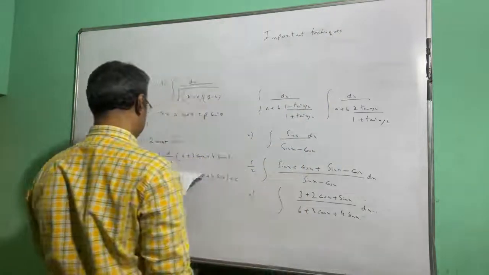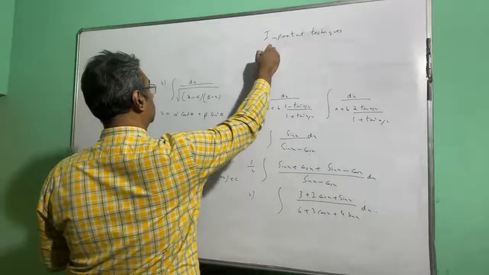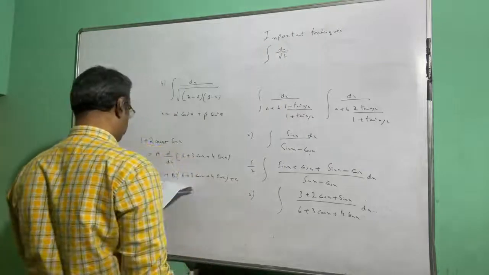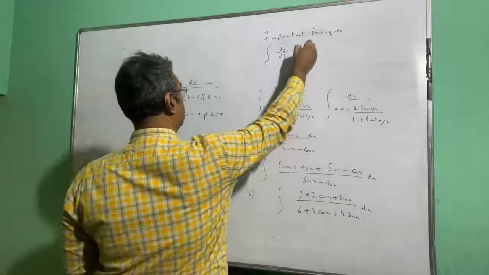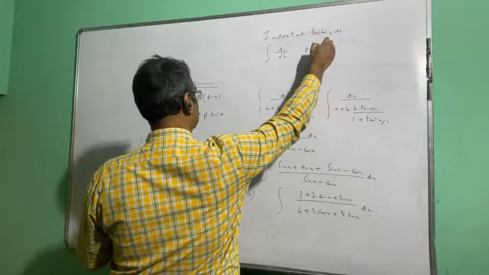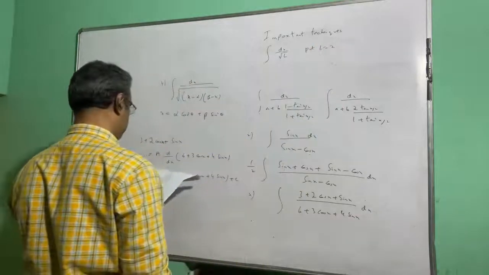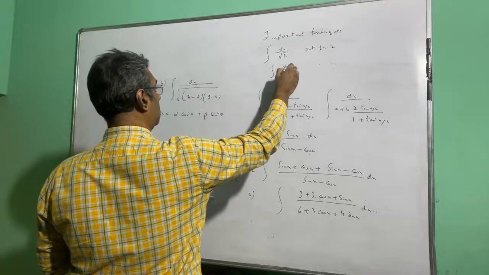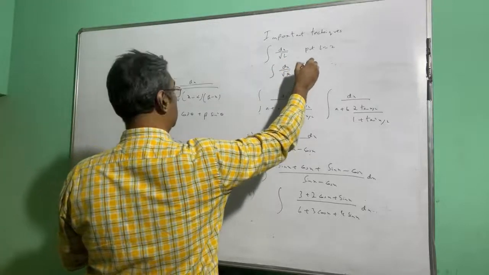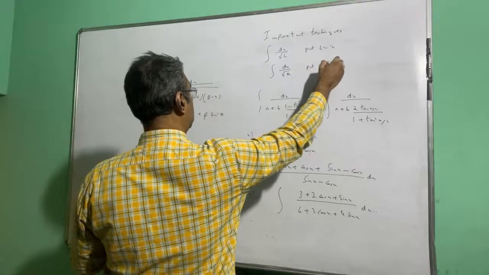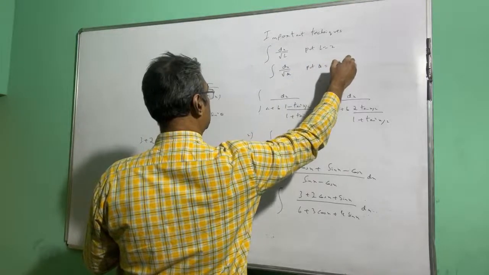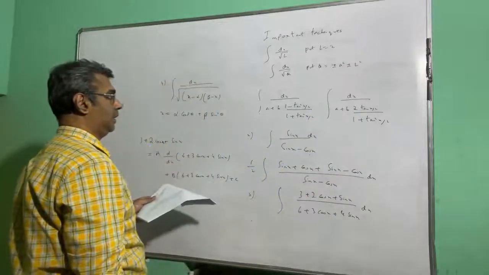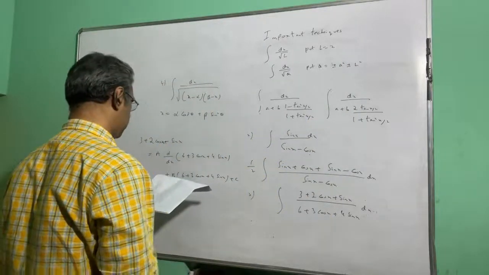Okay, some important techniques are there. Dx by root over linear: you have to put linear equal to z. Dx by root over quadratic: you have to put quadratic as plus minus a square plus minus linear square.